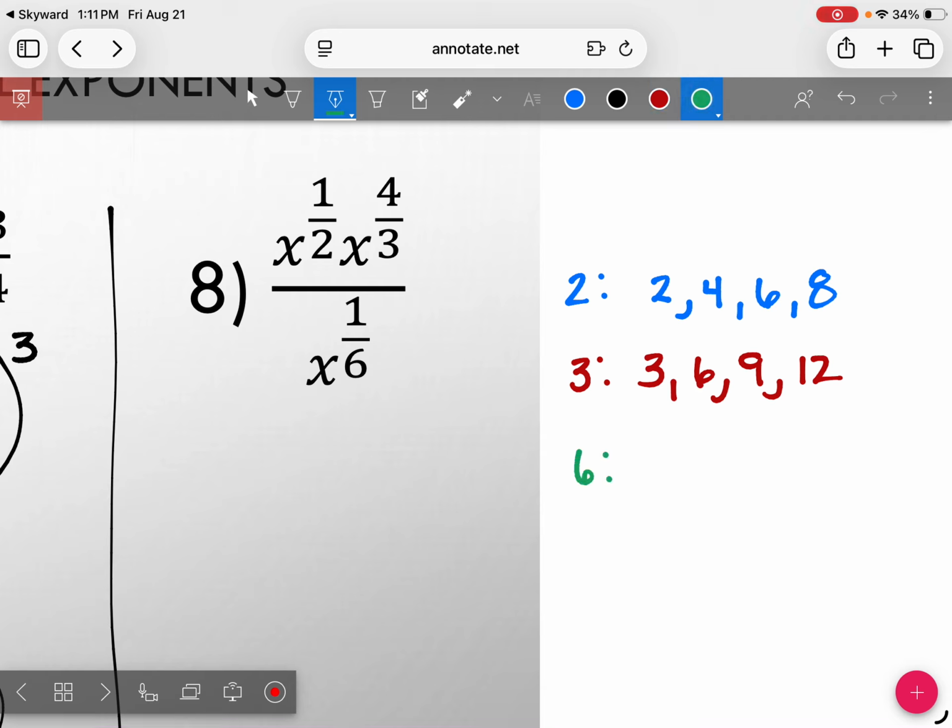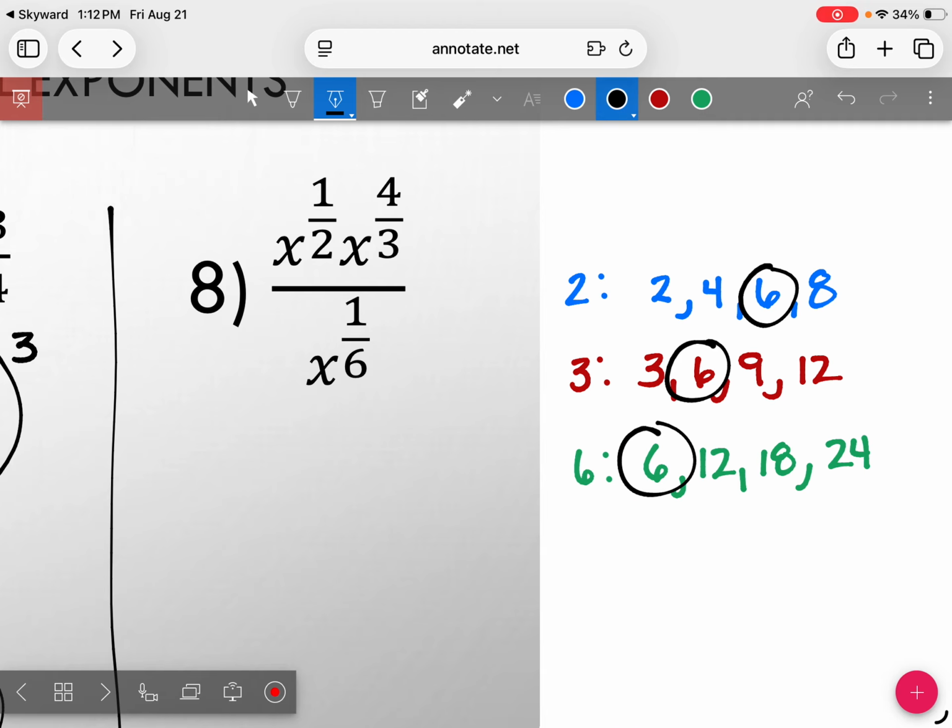We just do the first couple. 6, 12. Okay. Now, the common denominator is the number that all 3 rows have in common. That's all that means. What number did I write in blue, in red, and in green? 6. That's my common denominator.